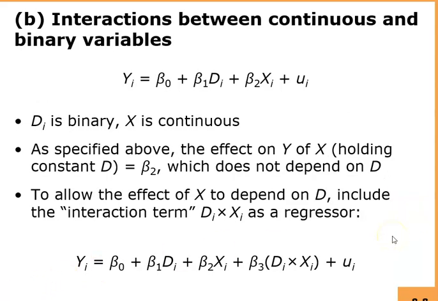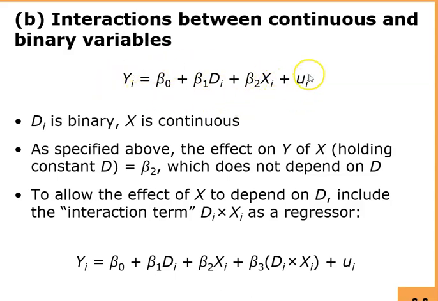Now we will take a look at the example of interactions between continuous and binary variables. This is an example of a regression equation in which D is a dummy variable or a binary variable and X is a continuous variable.